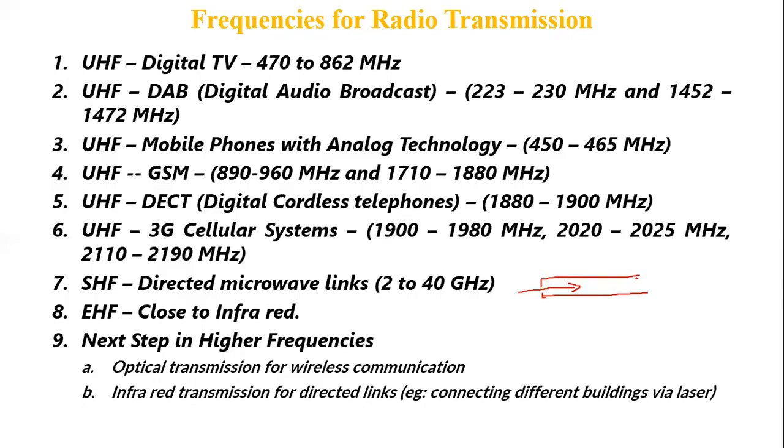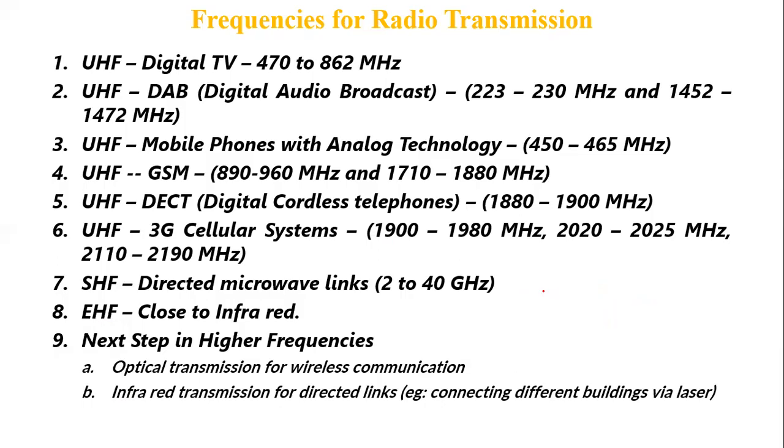In wired communication, interference may also happen if this wire is getting crossed by another wire which is operating at a very high frequency. In that case, there is a possibility of interference, but otherwise, generally, there will not be any interference. But this is not the case in wireless communication. In wireless communication, the media is a shared media.